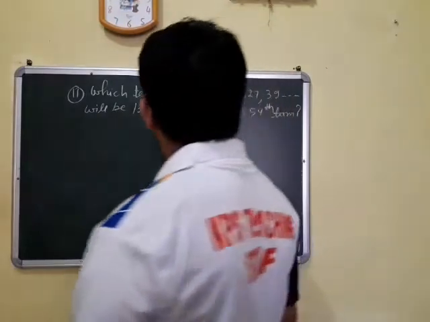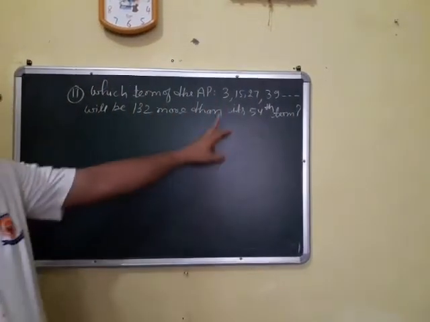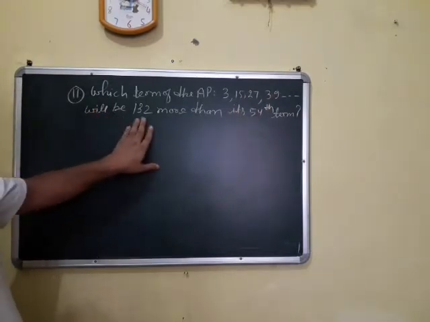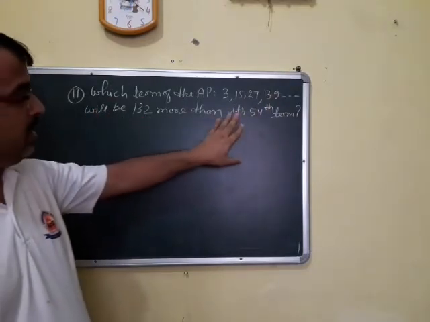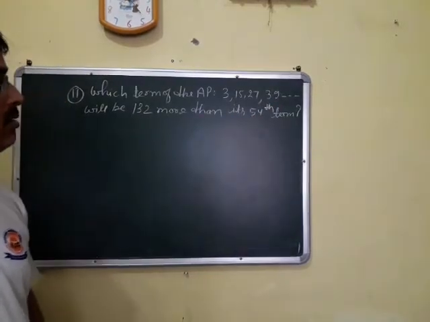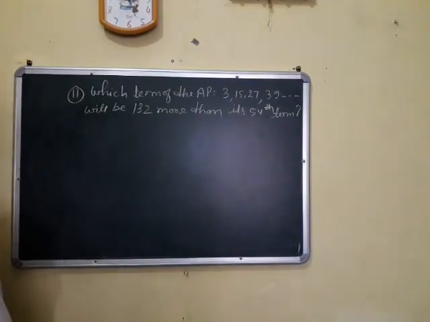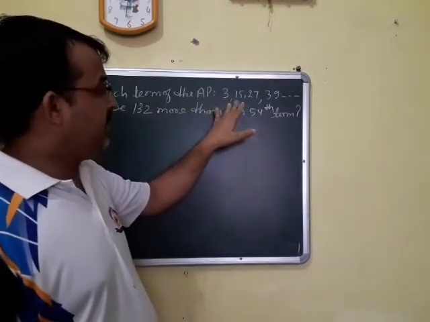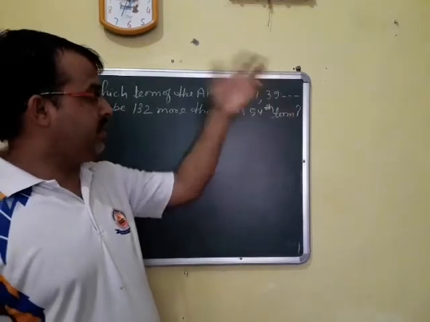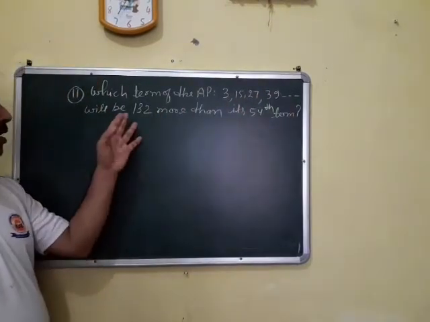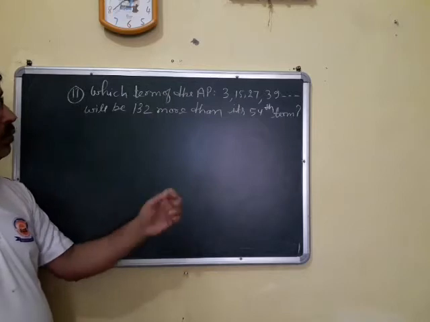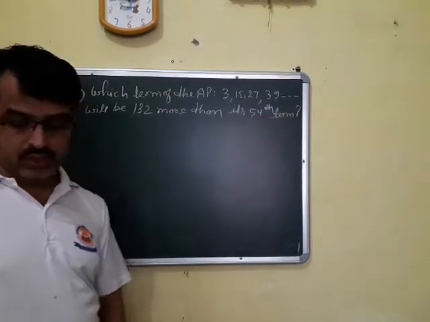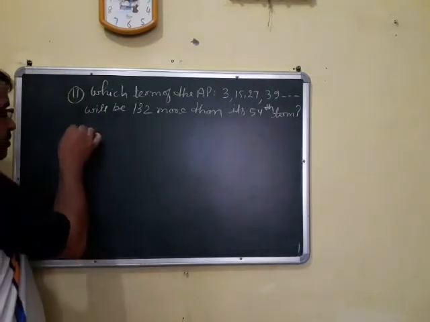Which term of the AP 3, 15, 27, 39, will be 132 more than its 54th term? कह रहा है कि ऐसा कौन सा टर्म्स है एपी का जो आपकी एपी दे रही है 3, 15, 27, 39 will be 132 more than its 54th term. Now look at the solution here.